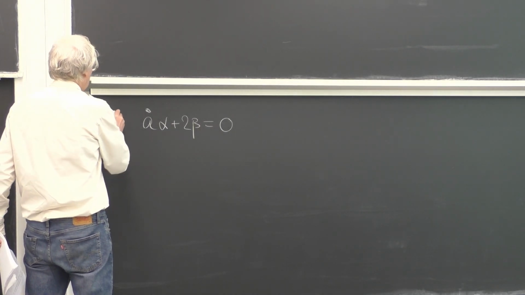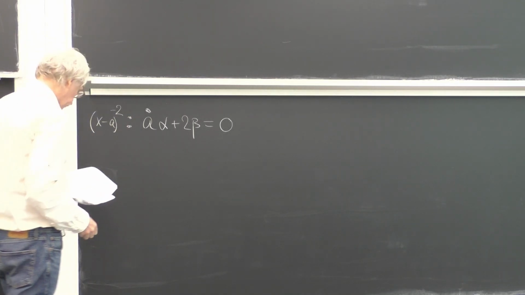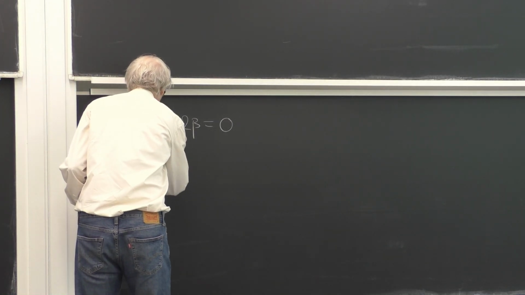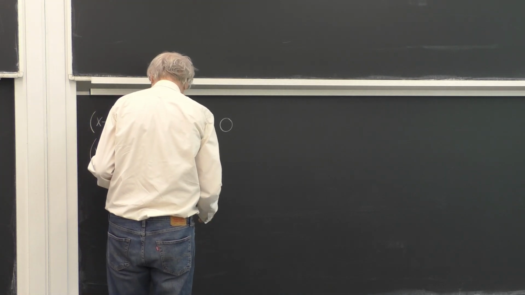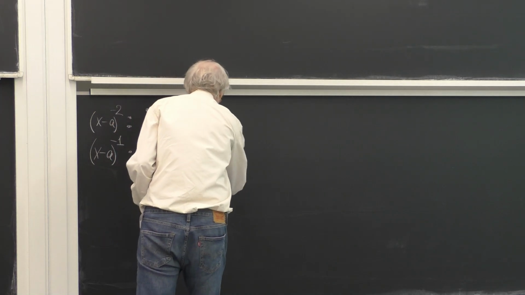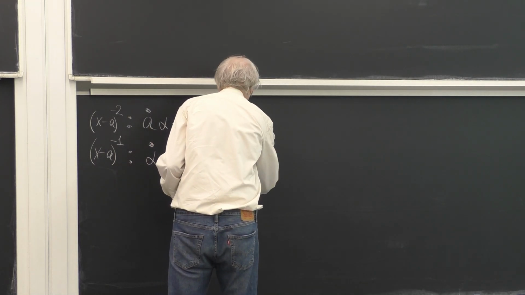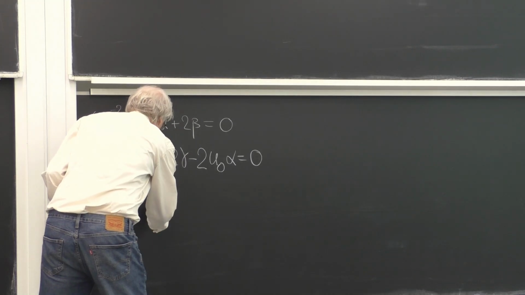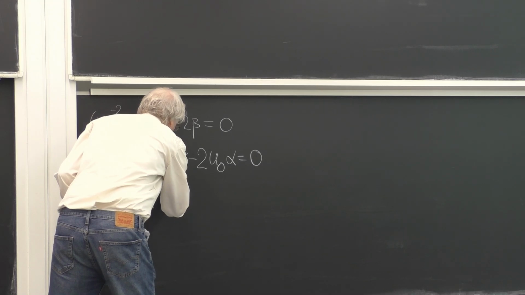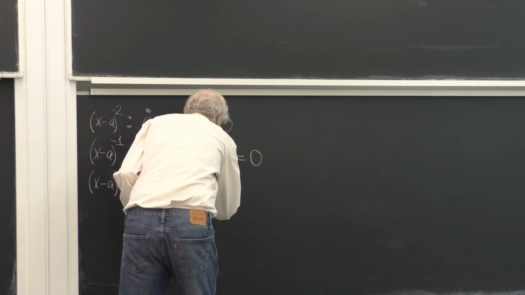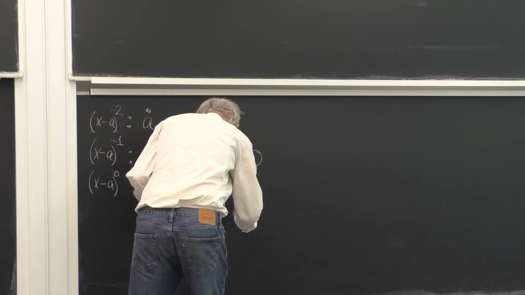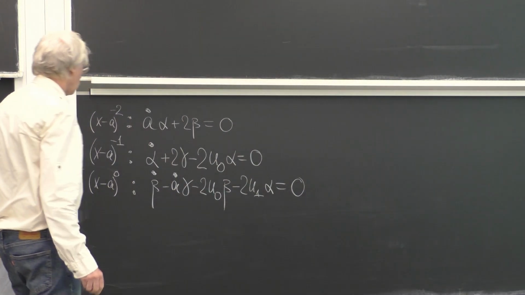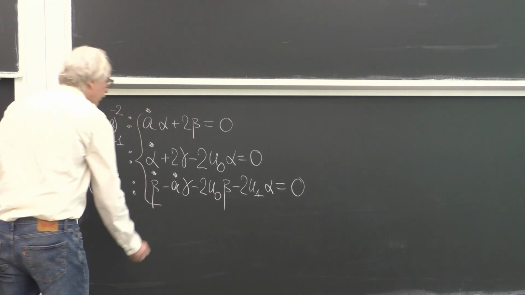This comes from cancellation of the highest pole, then cancellation of the simple poles leads to the following condition. And finally cancellation of the constant terms leads to the following equation. And they should be satisfied simultaneously.